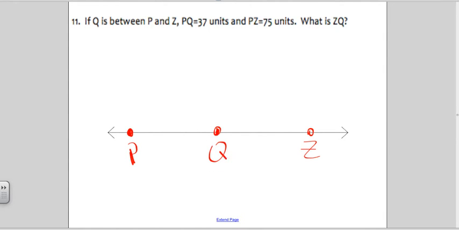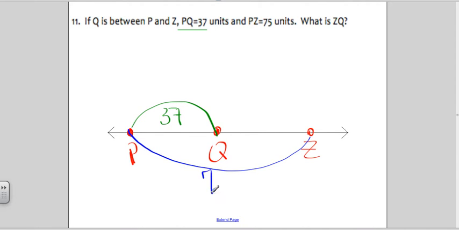And it also tells us some measures here. It says the measure of PQ is 37. So I know from P to Q is 37 units. I also know from P to Z is 75 units. And it asks, what is ZQ? Well, ZQ should be this piece right here.